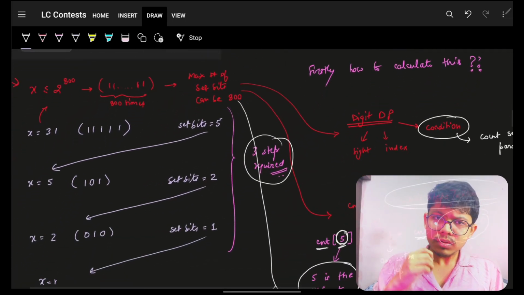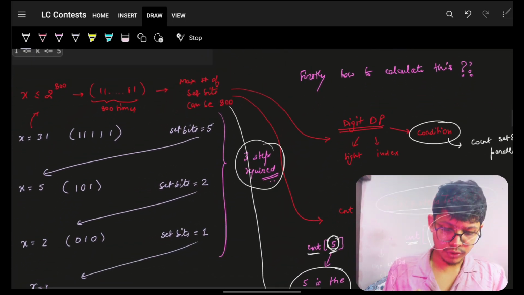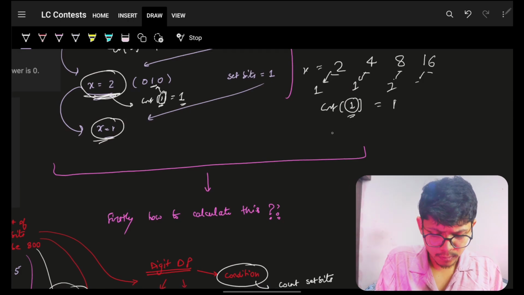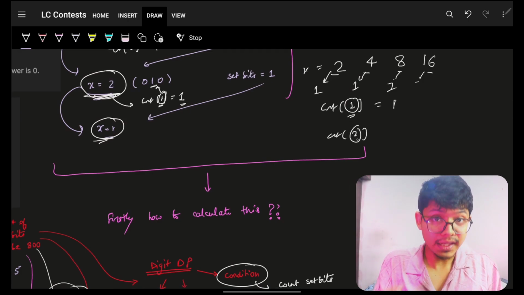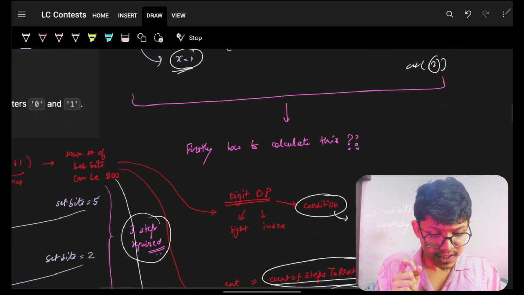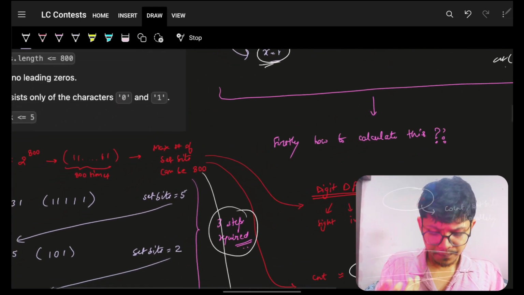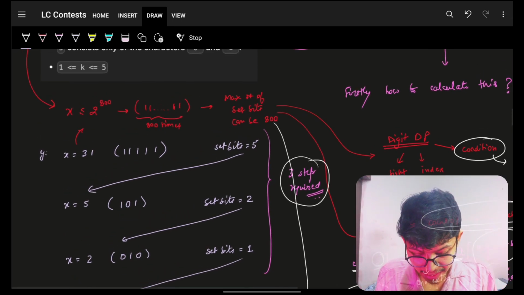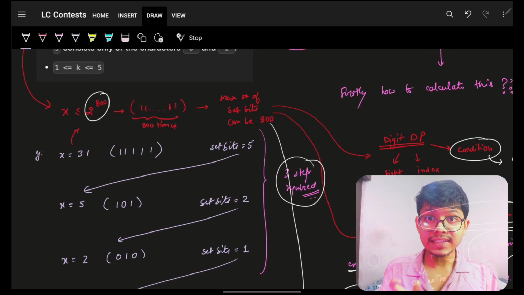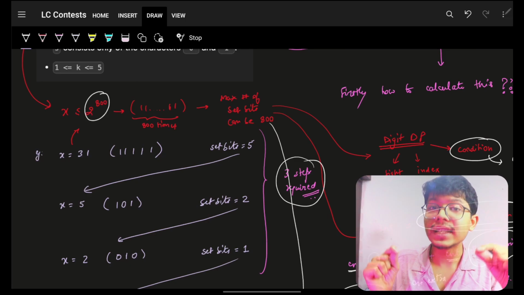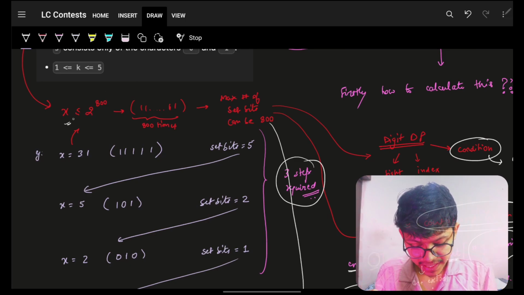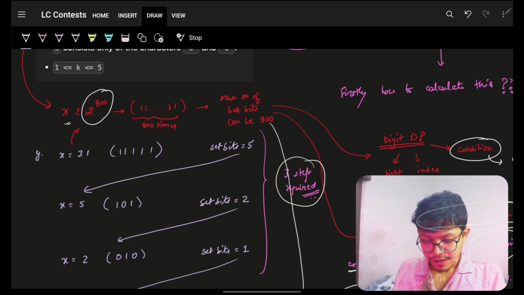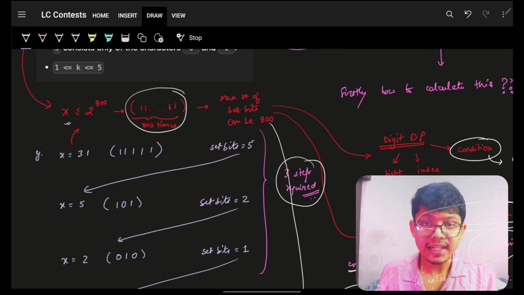Cool. Now, the fact is, up till what point I should go, which means that, okay, this count can start from, let's say, 1, or maybe you can say count will start from 2. Here, remember, 2 represents number of set bits. Up till what point I should go? Obviously, the max number of set bits count. I remembered my problem says that I have 800 length of binary string, which means that the number x itself can be at max 2 raised to power 800, which ultimately says I can have 800 set bits.